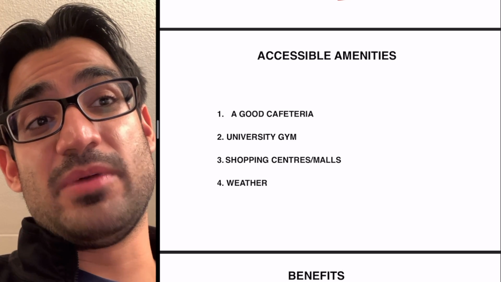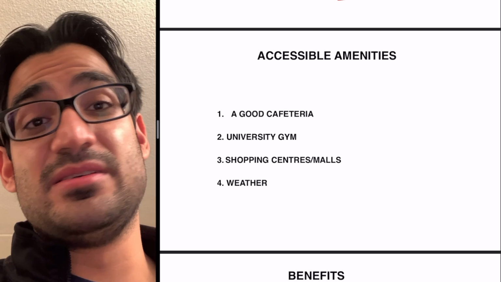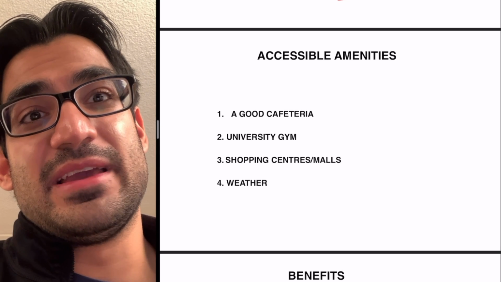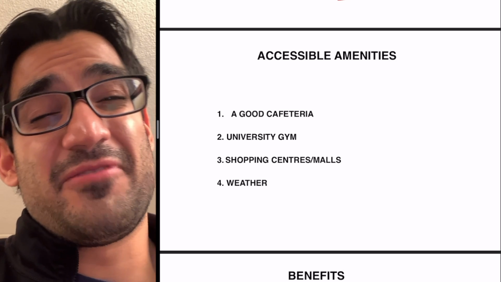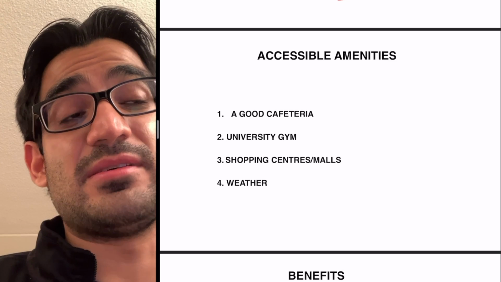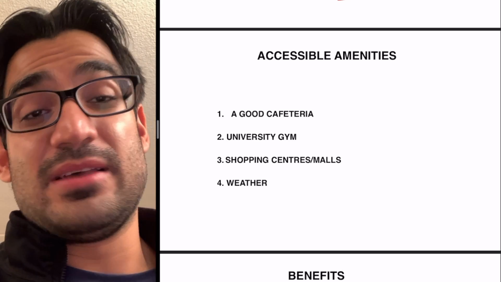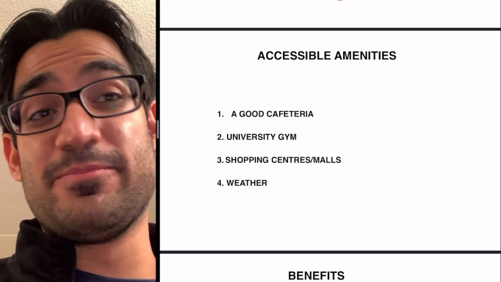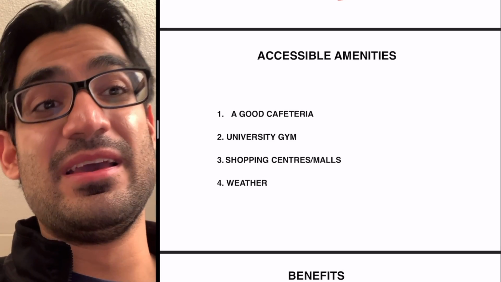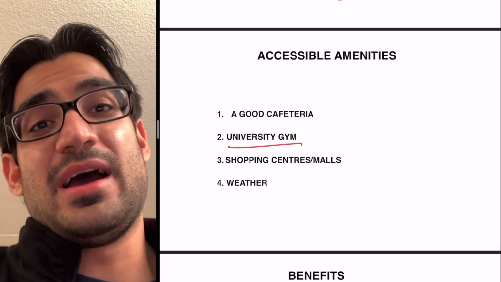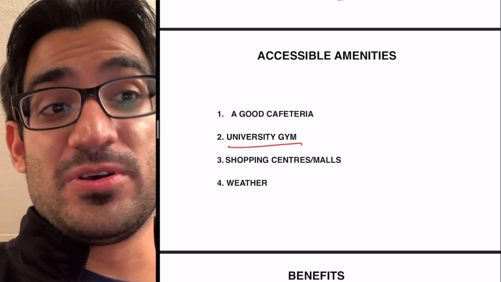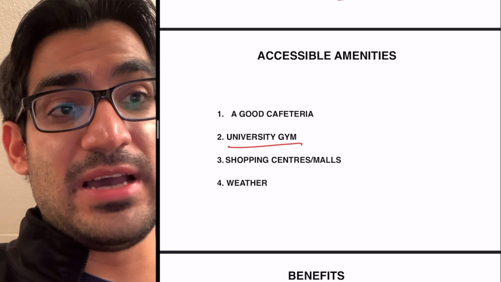A good cafeteria makes or breaks your day, because if you are getting all junk food or fried food instead of good healthy food options, that was very important for me when I was ranking programs. I know that might sound a bit silly. A university gym, because I like to be healthy. I like to keep my brain working. The gym was very important, and my university has that.